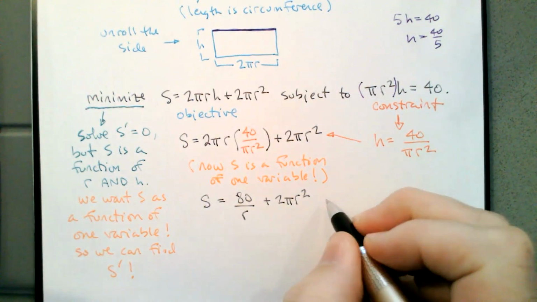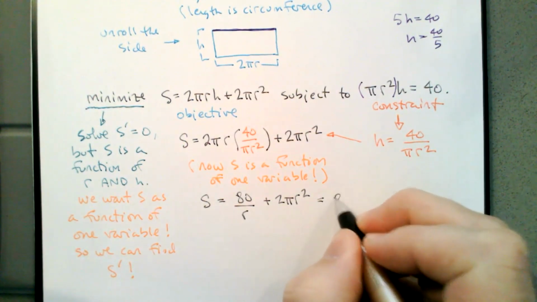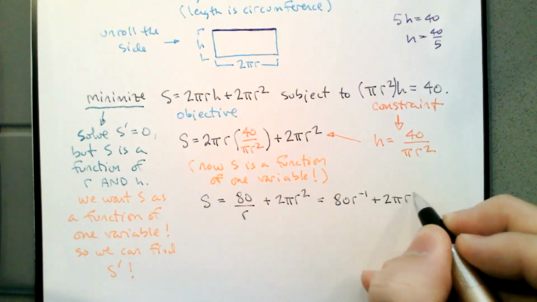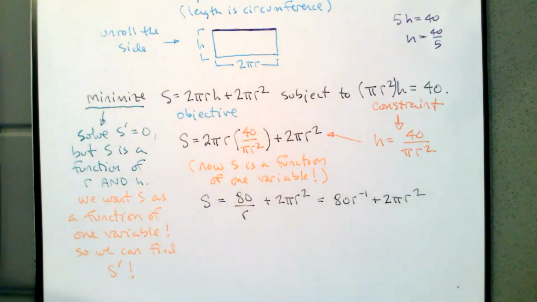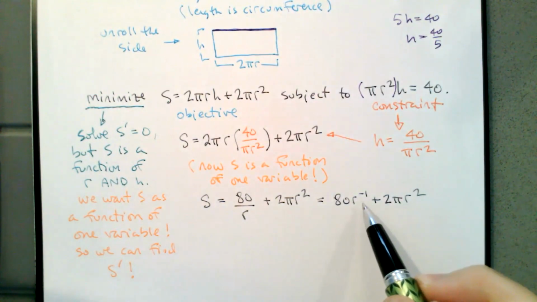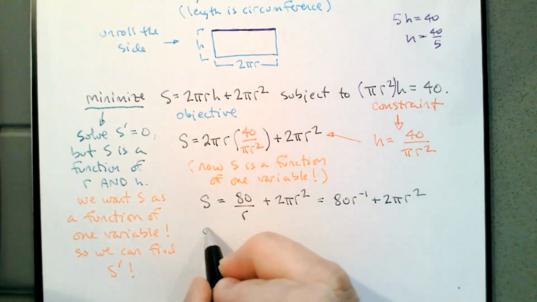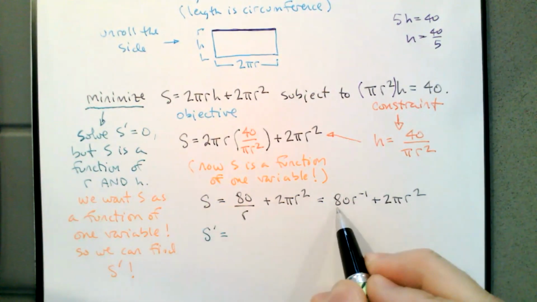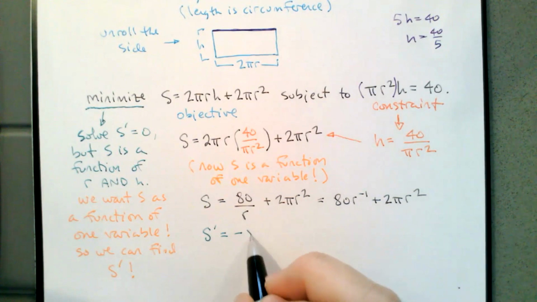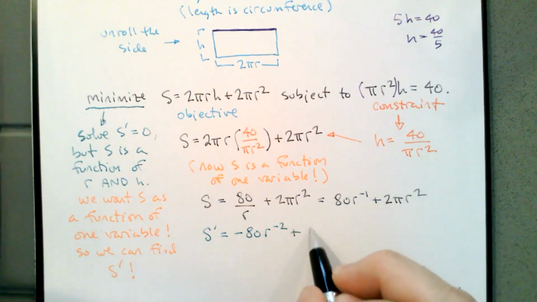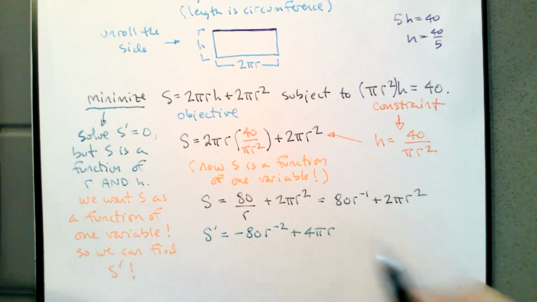Now that our objective is only one variable, I'm going to write this as 80r to the minus 1 plus 2 pi r squared, because the next step is to take the derivative, set it equal to 0, and solve. And when we're taking derivatives, if we can write powers of r, then we should write powers of r. So S prime is going to be negative 80r to the negative 2 plus 4 pi r to the first.